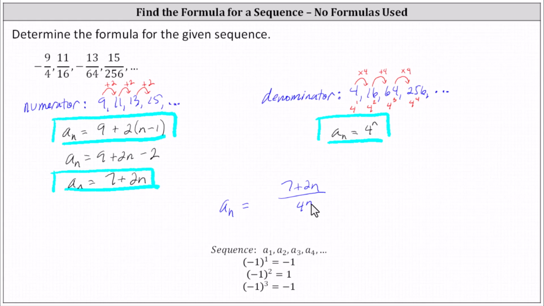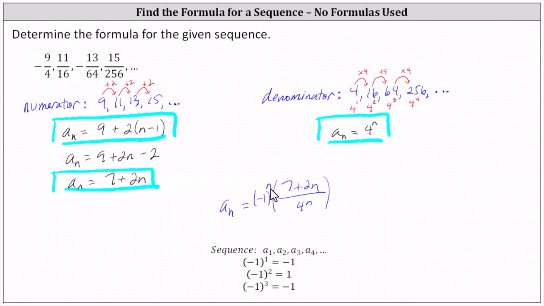And now to work on getting the correct sign, we simply need to add a factor of -1 to the power of n or -1 to the power of n plus 1, depending on whether the first term is positive or negative, and then from there they alternate. Well, we know -1 to the power of 1 is equal to -1, so let's use -1 to the power of n.